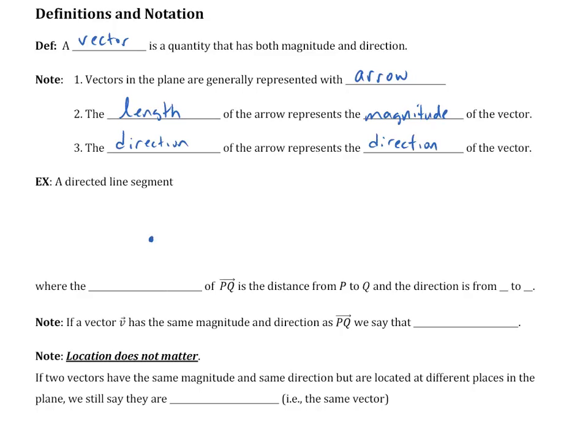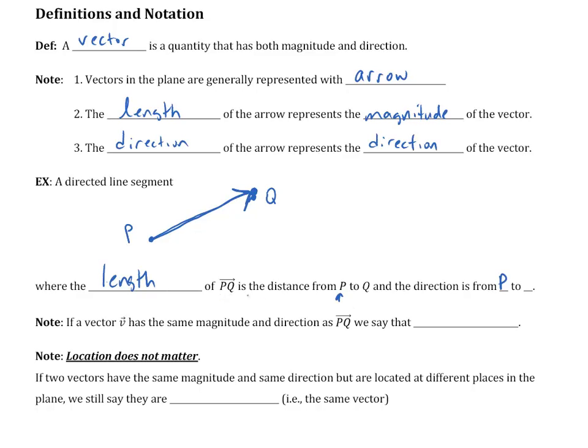If I had 2 points, namely a point P and a point Q, and I have a directed line segment, a segment that goes from P to Q, and I show that it has a direction by putting an arrow in there, where the length of PQ is the distance from P to Q, and the direction is from P, your starting point, right?